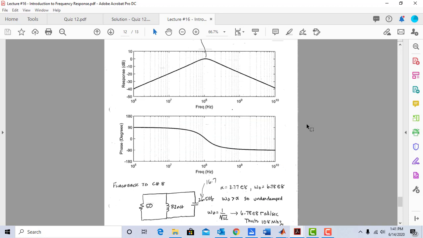Okay, so that is our introduction to frequency response. In the next two lectures, I'm going to show you how to do Bode plots, but I'm also going to show you at least my take on where Bode plots are still relevant in 2020 versus where they're irrelevant.